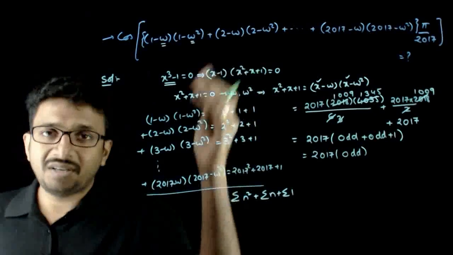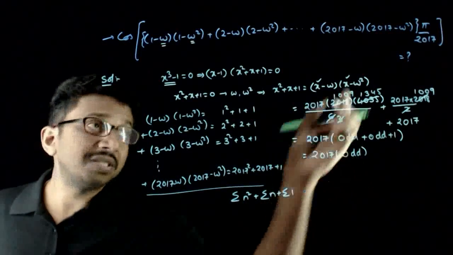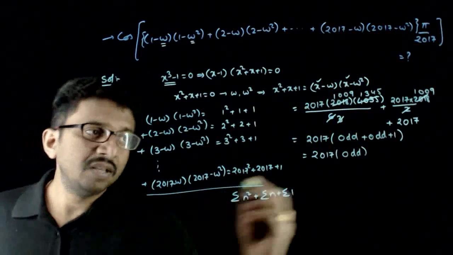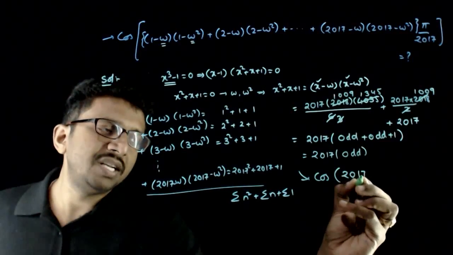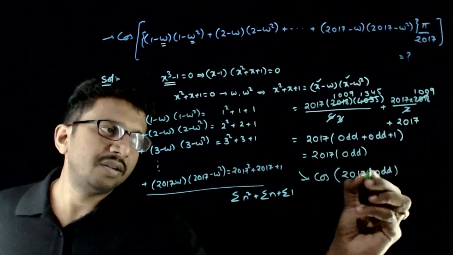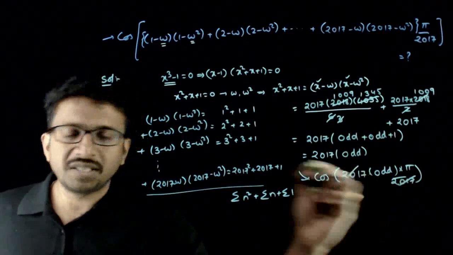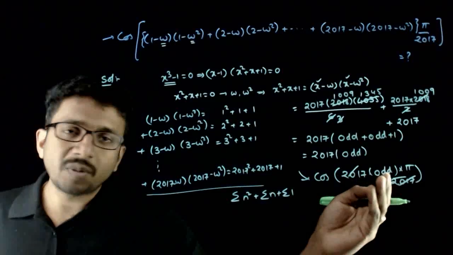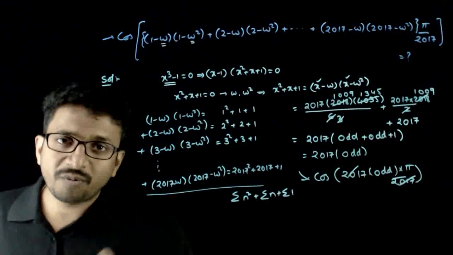Why am I interested in writing this whole thing in terms of this? Because I have a pi by 2017 outside. So this question becomes cos of 2017 times some odd number into pi by 2017. 2017 and 2017 get cancelled. So cos of some odd number of pi's, because this is an odd multiple of pi.